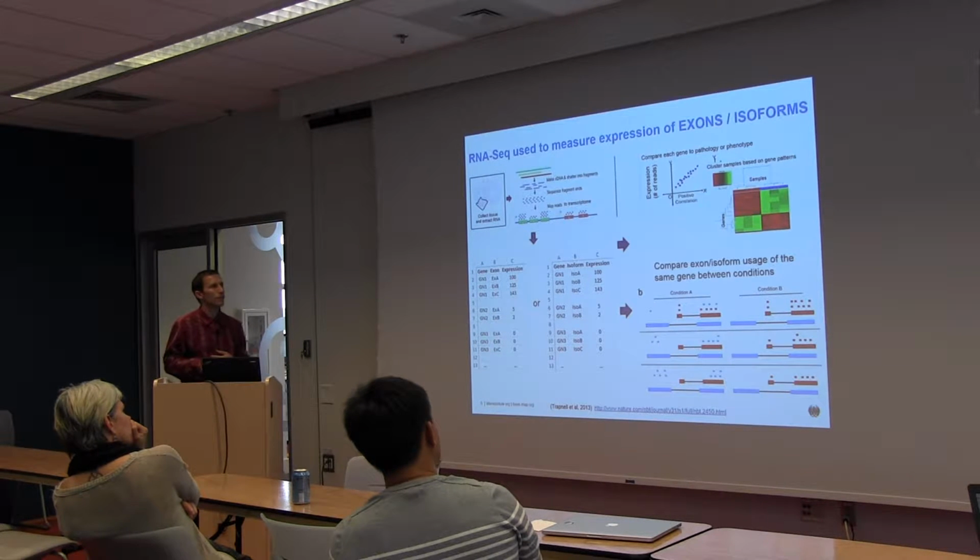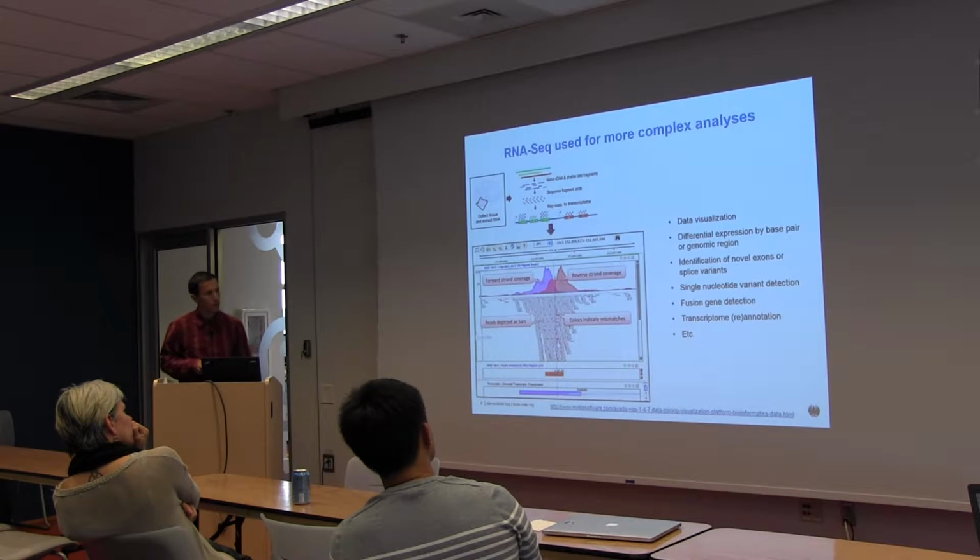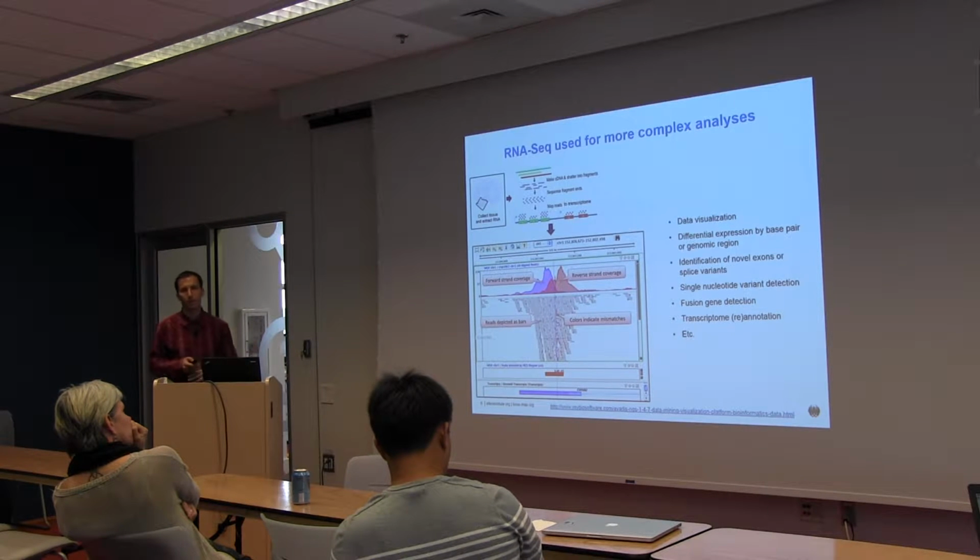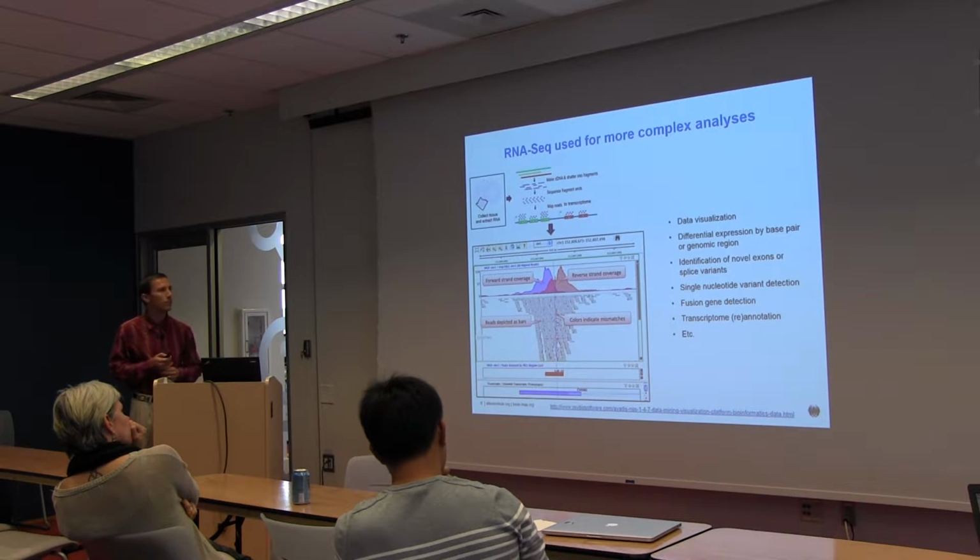So you could look for situations where in one brain region you may get just exon A and B, and in another brain region you may get exon A and C, even if the total level of expression of a gene may not have changed too much. So you get whole gene, individual exons, and you can also get a lot more complicated information that you don't get at all from microarrays.